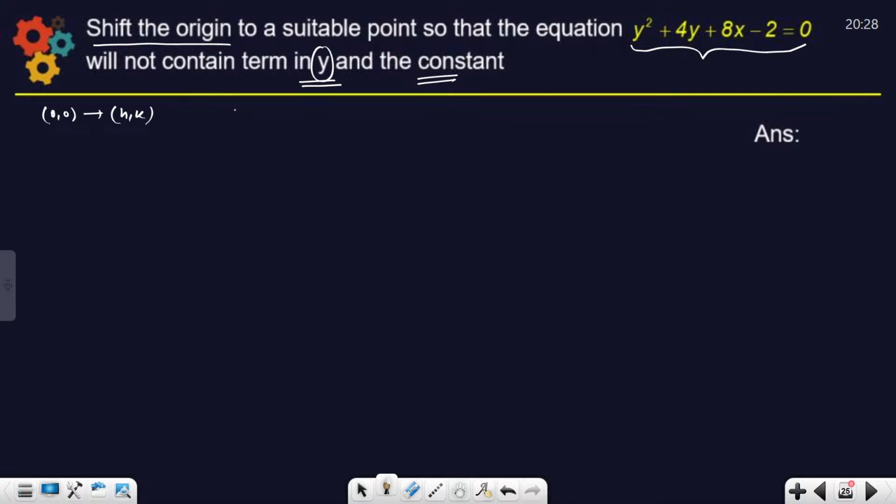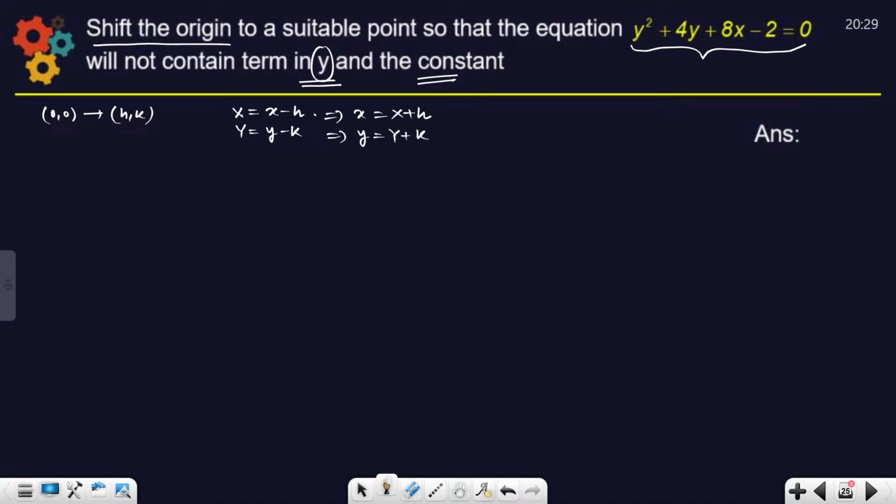I will simply replace, just as we have done. We know the formula: capital X is x minus h, and capital Y is y. You have to remember this formula. So your x is capital X plus h, and y is capital Y plus k.